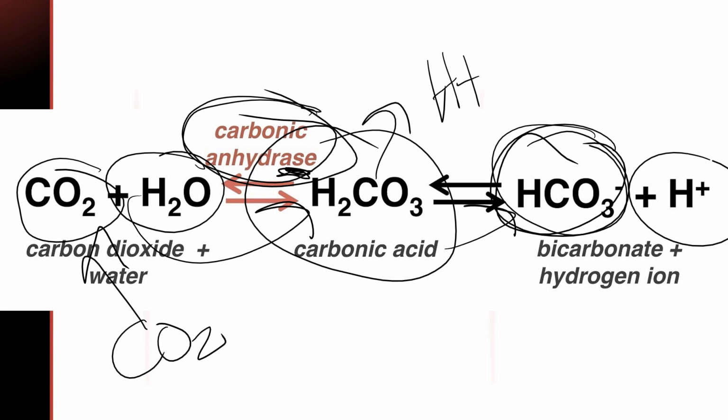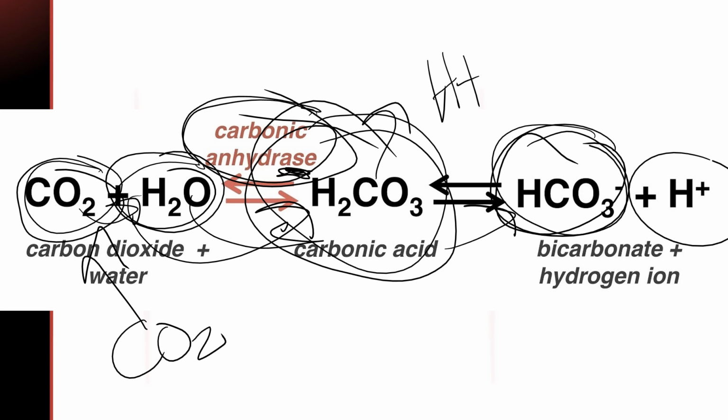And carbonic anhydrase will take the carbon dioxide that came into the red blood cell, and combine the carbon dioxide with water to form carbonic acid. And then carbonic acid will very quickly dissociate into bicarbonate and a hydrogen ion.